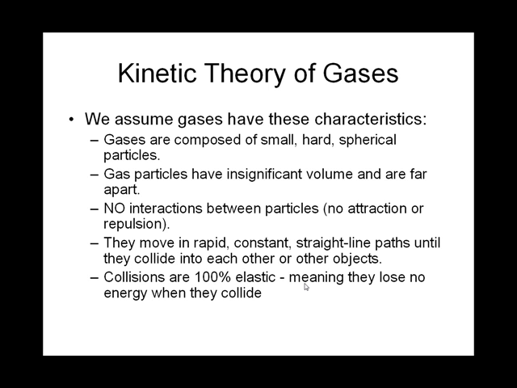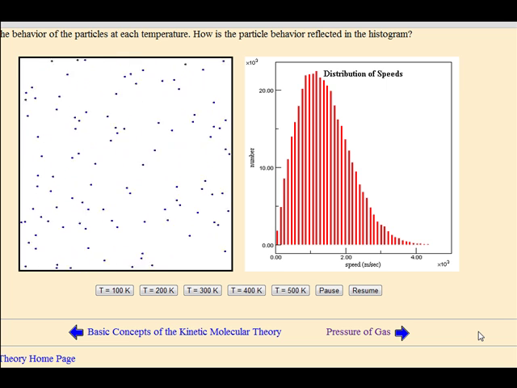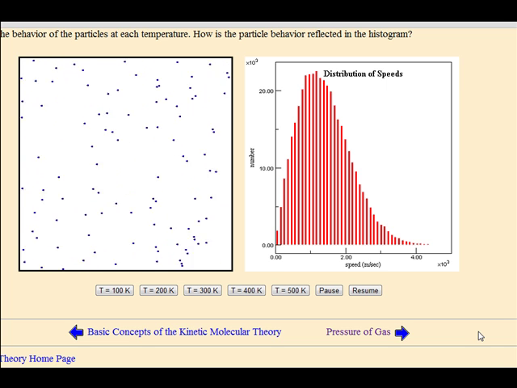In order to elaborate on this characteristic a little bit further, I'm going to show you guys the websites that I have showed you in class. So we have gas particles moving in a container right now.